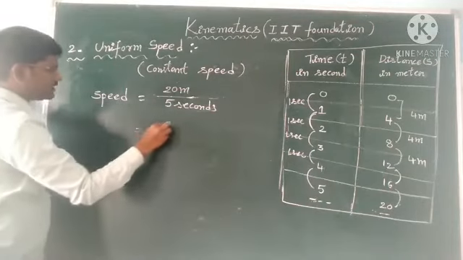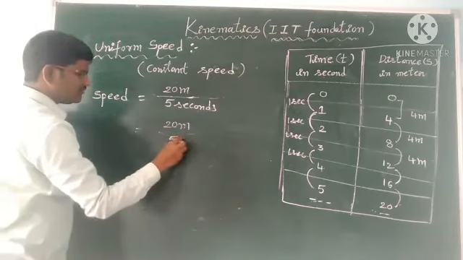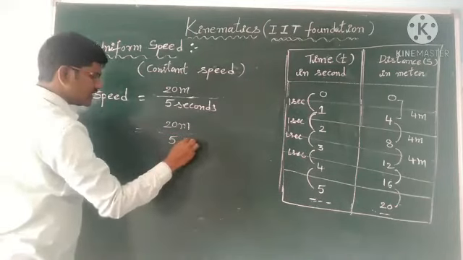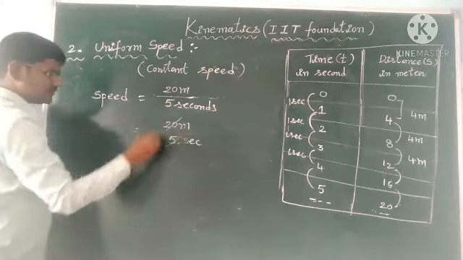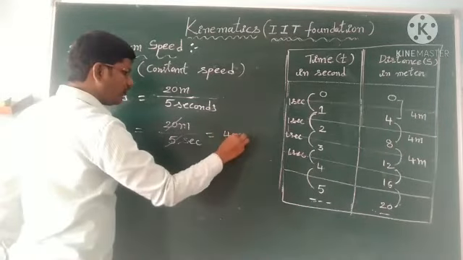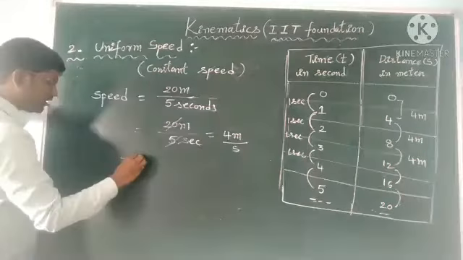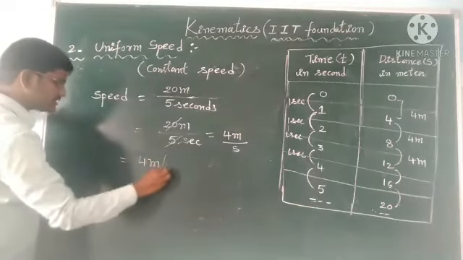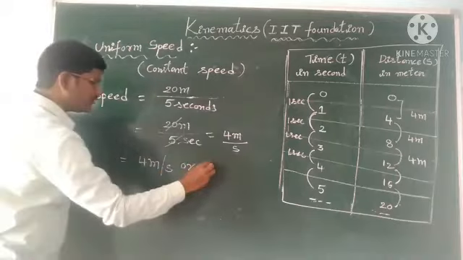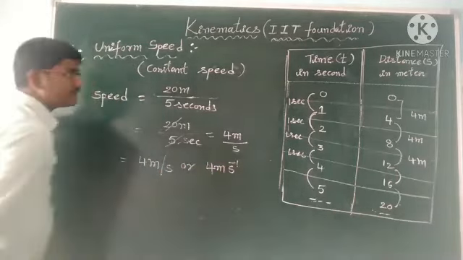So you can write 20 meters by 5 seconds. Then 5 fours are 20, so we will get 4 meters by second, or we can write 4 meters per second, or we will write 4 meters second power minus 1.